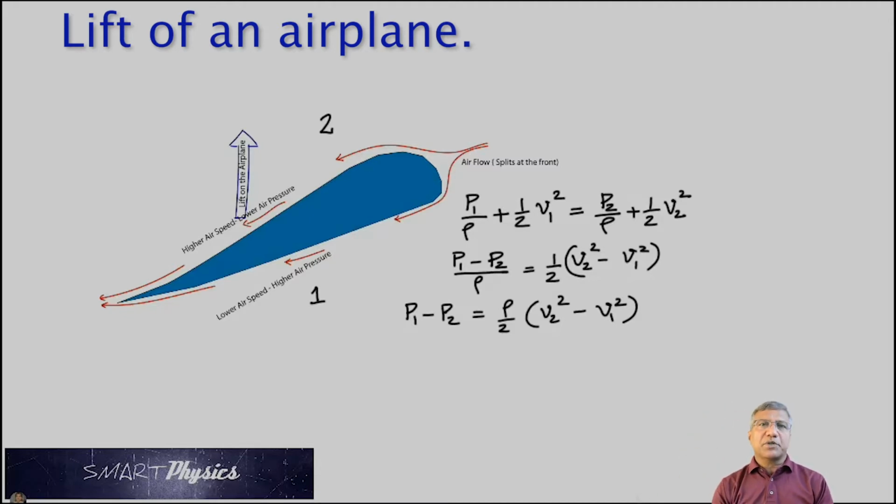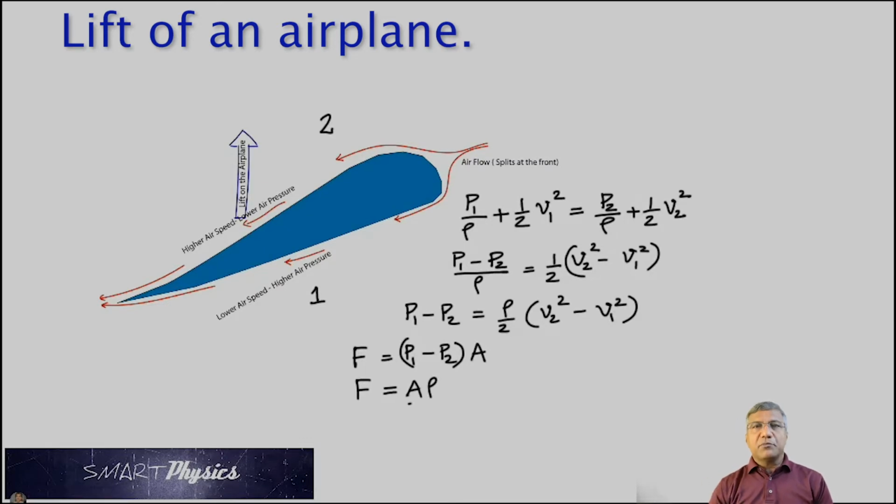Now once you get the pressure difference, we can find the difference in force, or the lift, because force is pressure multiplied by area. So to get the force, all you got to do is multiply this with the total area of the wings, and you would get the force.